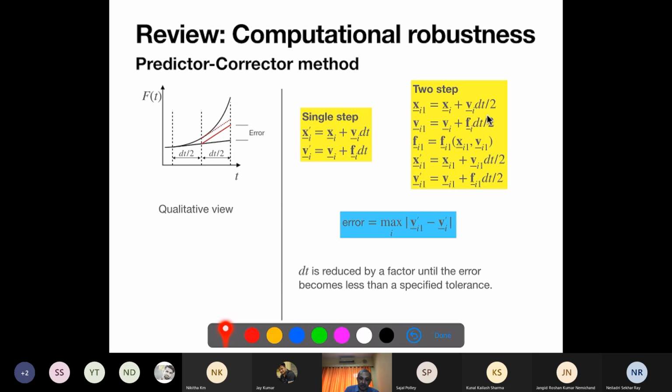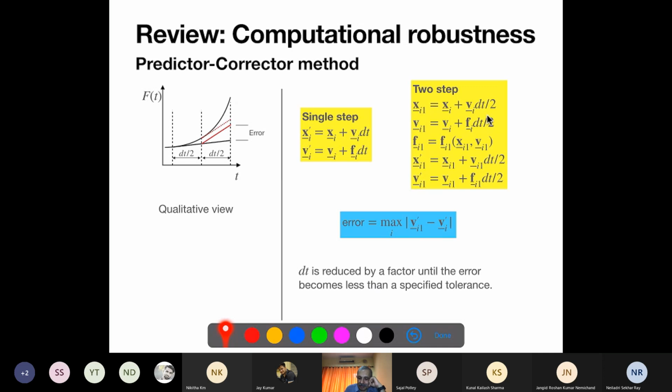You can actually do one thing that will make the computation more robust, so that the program will not blow up and become unstable. That is, use something like a predictor-corrector method. This is very commonly used in integration of differential equations, because the question is always what this time step dt should be.